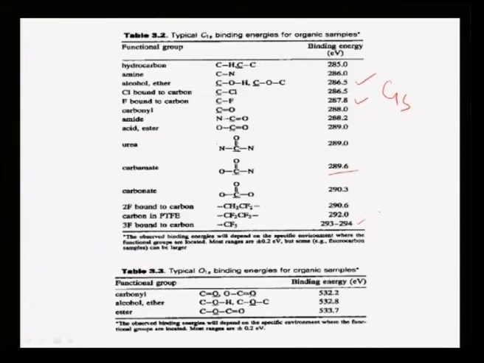This is a very generic table which is available in the literature. Most values are plus or minus 0.2 electron volt, that is the measurement accuracy.